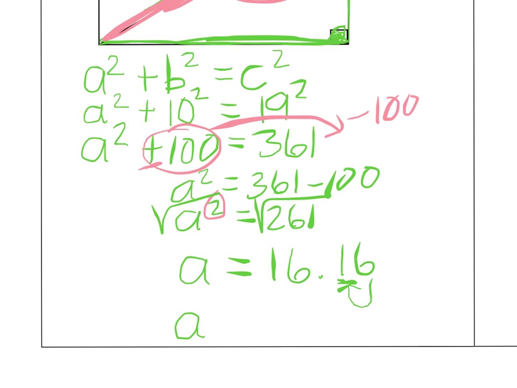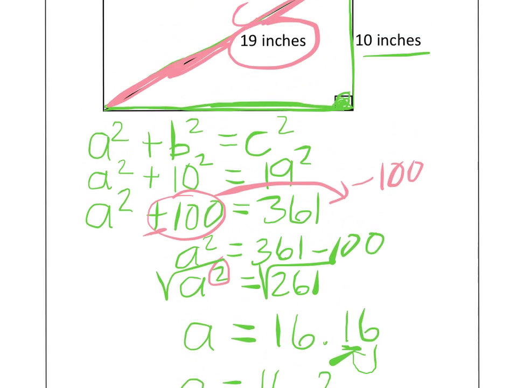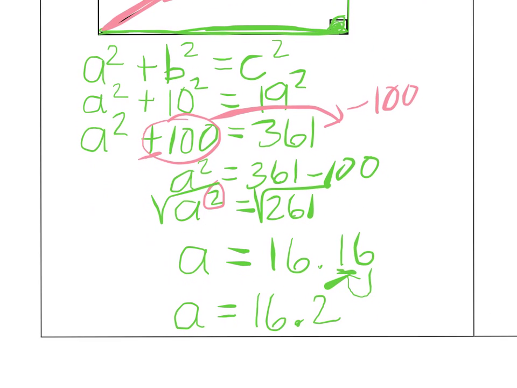So the side of that right triangle that was missing is approximately 16.2, and it's inches. I scroll back up to see what the measurement was. So it's 16.2 inches. And again, it's really approximate because it's not a perfect square. So the square root of 261 is an irrational number because it wasn't a perfect square.